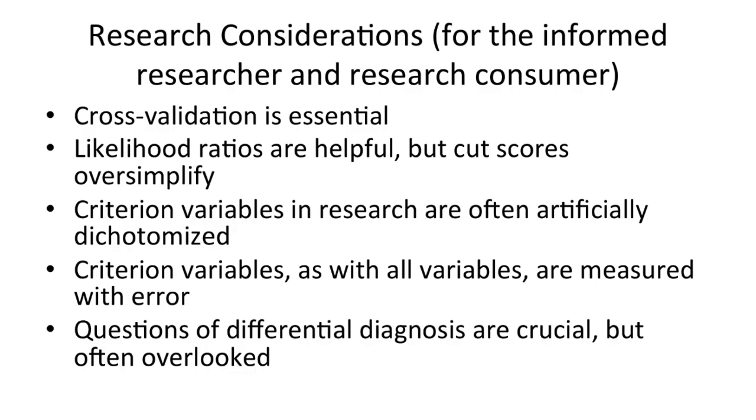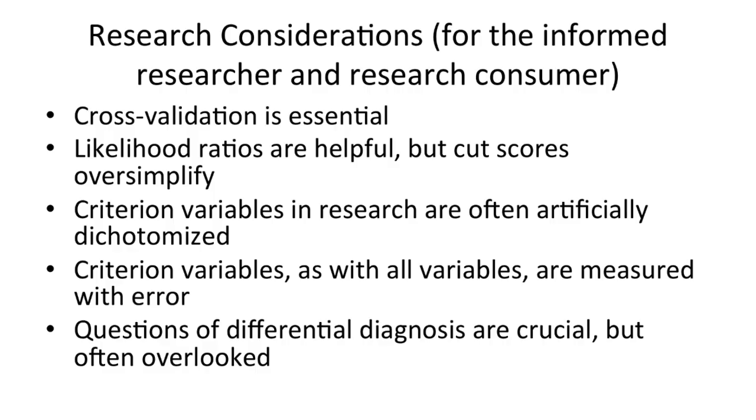Criterion variables in research are often artificially dichotomized. Like, is a person tall? Is a person heavy? Does the person have a cognitive deficit? In reality, those things are probably best looked at on a continuum, but remember that researchers have to dichotomize sometimes, and so that enters a little bit of error into what you're reading. And criterion variables are always measured with error.